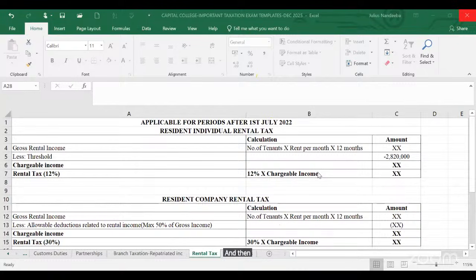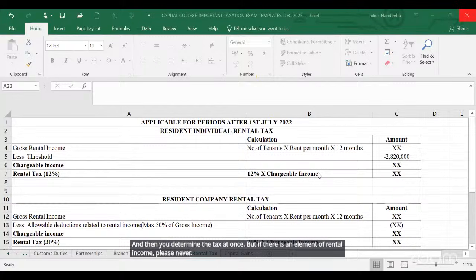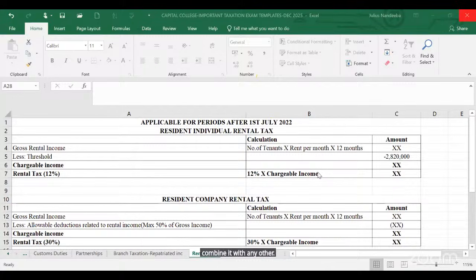And then you determine the tax at once. But if there is an element of rental income, please never combine it with any other income, because it has its own principles of taxation according to Section 5 of the Income Tax Act. Rental tax is calculated under Section 5 of the Income Tax Act.